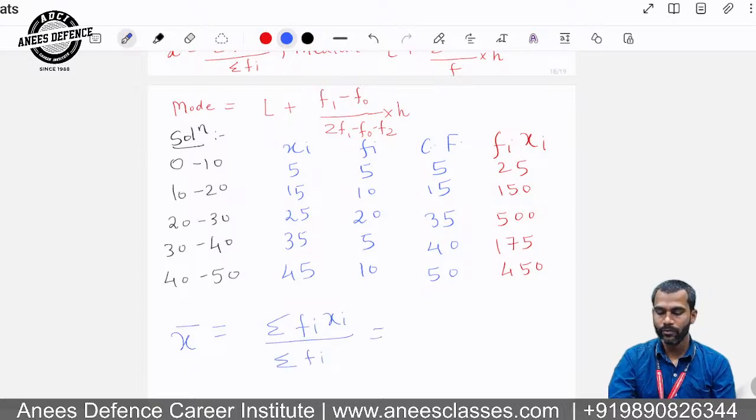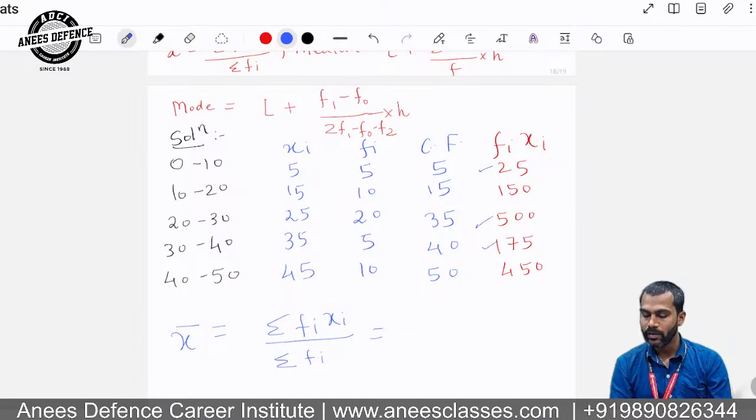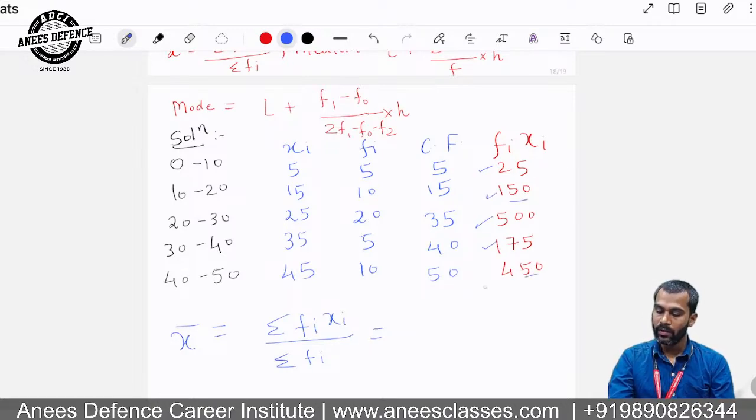You need to add all of them. 175 and 25 is 200. 200 plus 500 is 700. 700 plus 50 plus 50, 800. This one is 900, and plus 400 is 1300. So 1300 divided by summation fi, which is 50. This 5 and this 5 will get cancelled. So 26 is nothing but mean.